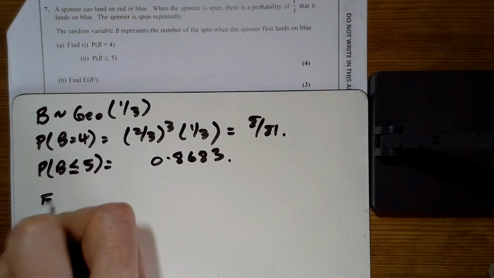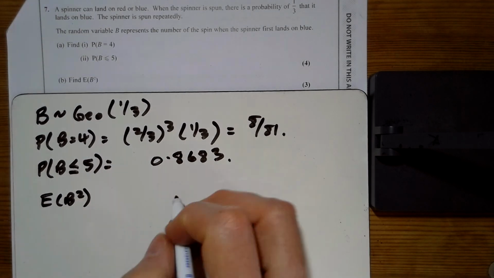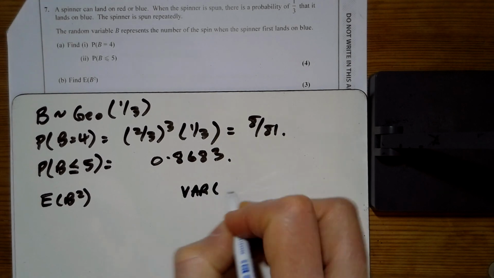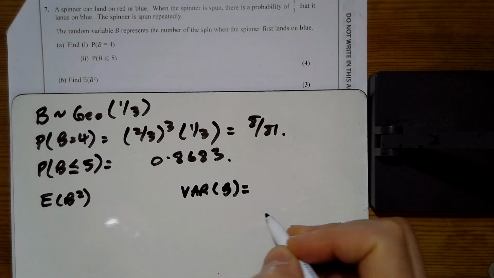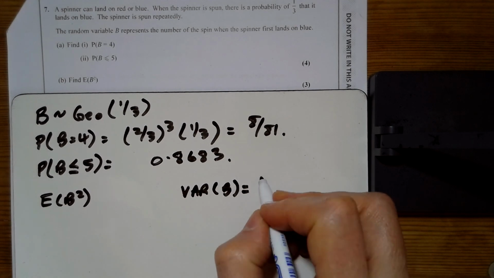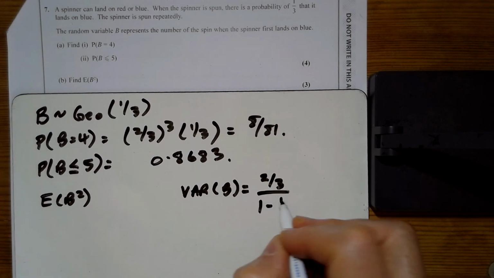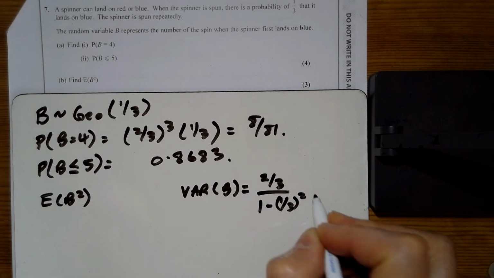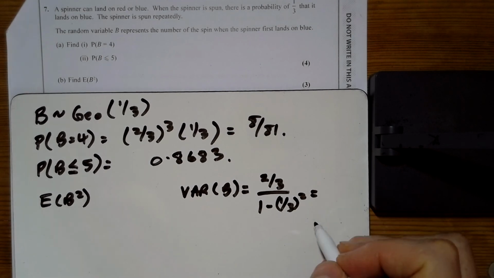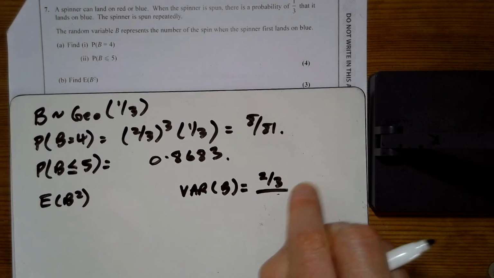Now, find the expected value of B squared. Now, don't start thinking you've got to do an infinite sum here. What we can do is just remember that the variance formula is, sorry, I got my formula wrong.